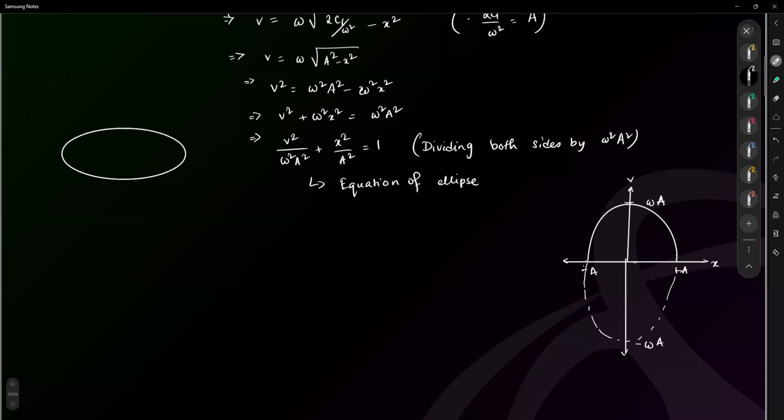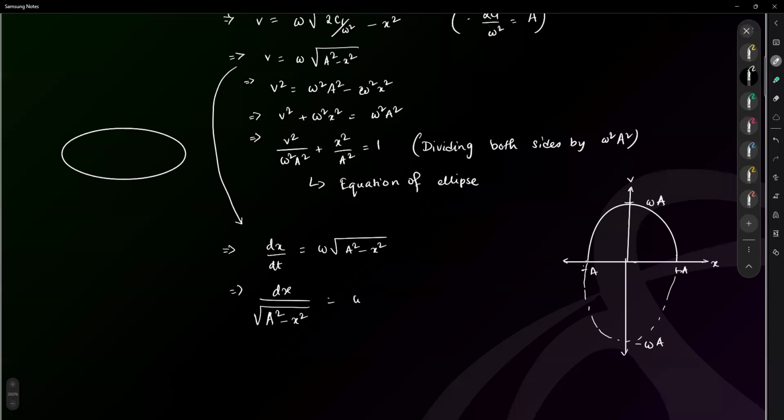Now what we can do is, from this equation, I can write dx/dt is equal to omega root over of a square minus x square. That is, dx by root over of a square minus x square is equal to omega dt. Now integrate this. What will you get here?